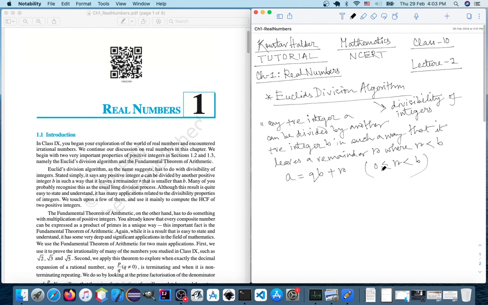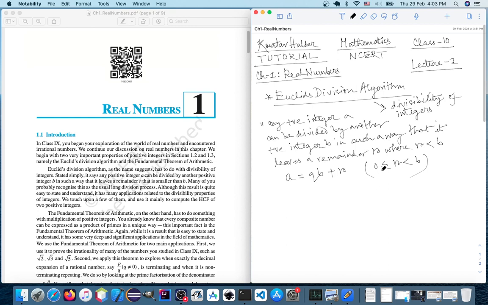If b perfectly divides a, then we will have no remainder, that is zero remainder, when you do the long division method. Just like if you divide 4 by 2, you have no remainder. In that case, r is 0 and the quotient is 2.